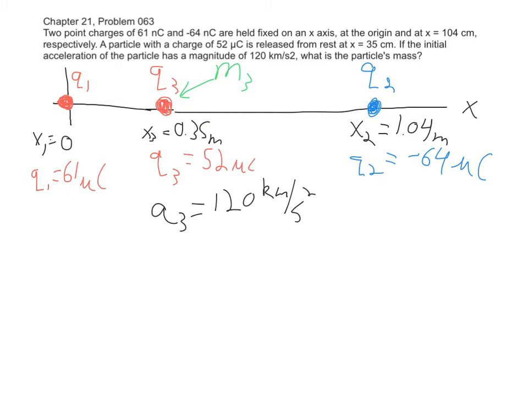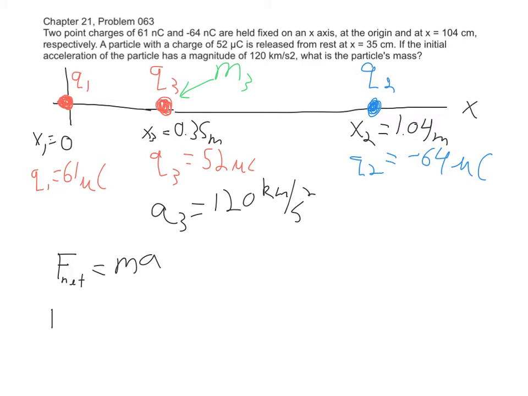But the question is, why are we looking for mass? We've been learning about Coulomb's law, which is usually dealing with forces and charges and different things. So let's think about that for a minute. We want to find the mass, and we know from Newton's second law, good old review from first semester, that the net force acting on an object is equal to its mass multiplied by its acceleration.